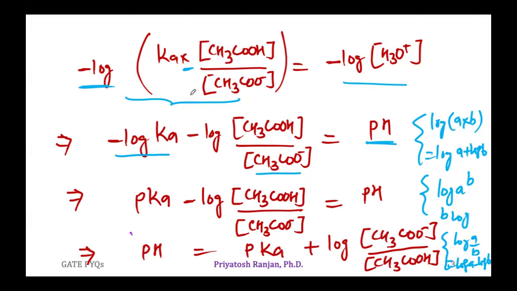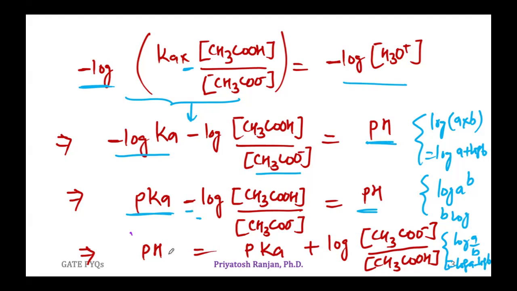So going back, you can rewrite in this way, and then we all know negative log of acid dissociation constant is the pK, and then you have the negative log of concentration of acetic acid divided by concentration of acetate ion equal to pH.